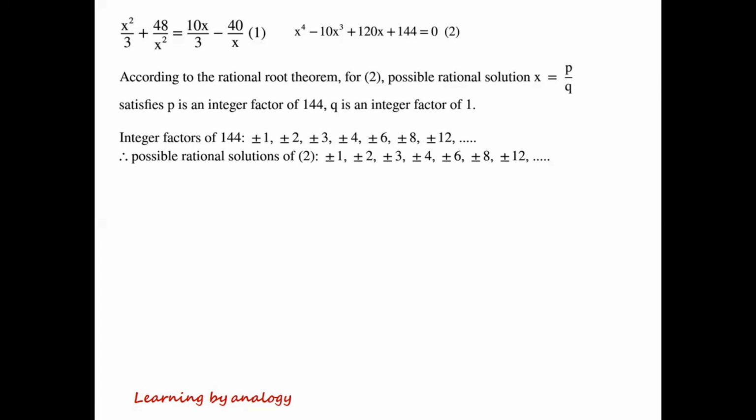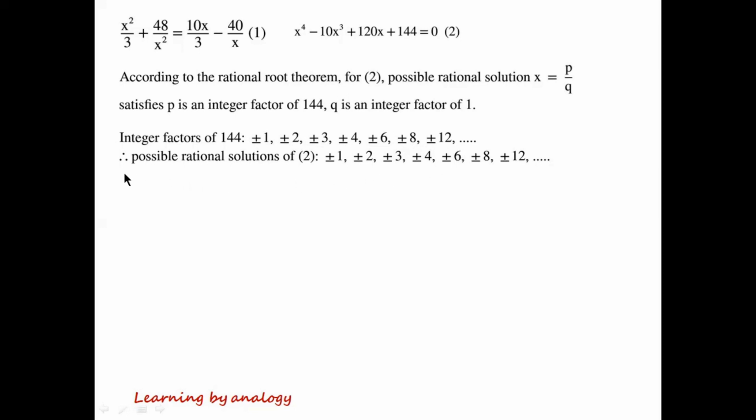Integer factors of 144 are plus minus 1, plus minus 2, plus minus 3, plus minus 4, plus minus 6, plus minus 8, plus minus 12, and so on.